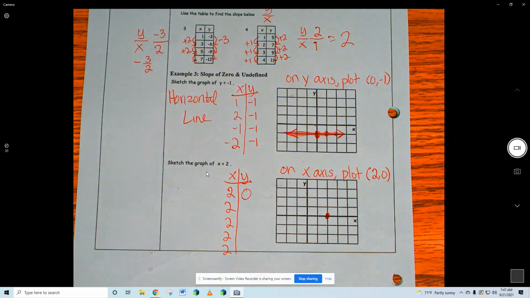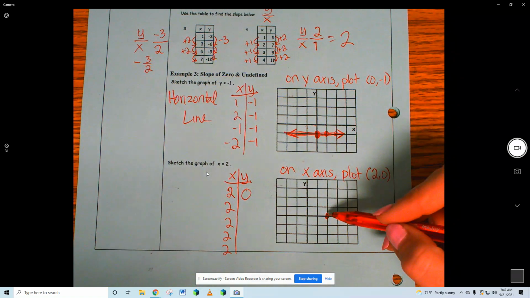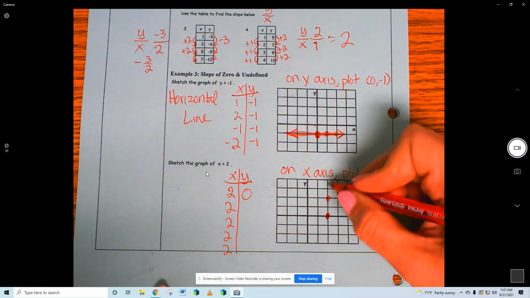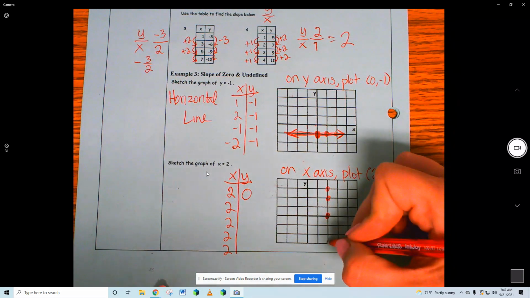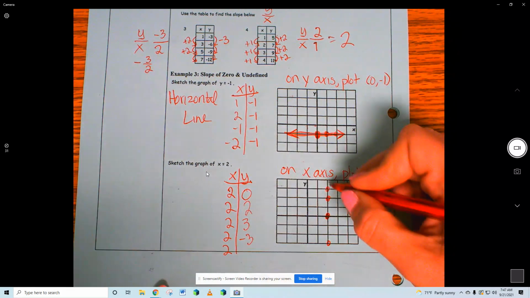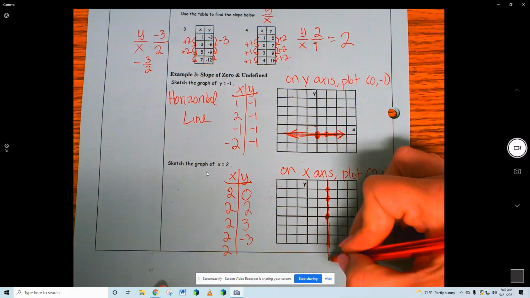There's 2 comma 0. And if all of my points have to have 2 in the x, over 2, up 2. Over 2, up 3. Great. Over 2, down 3. I'm drawing a vertical line.